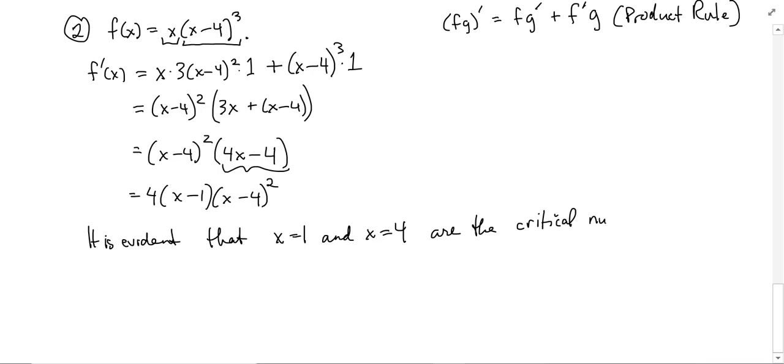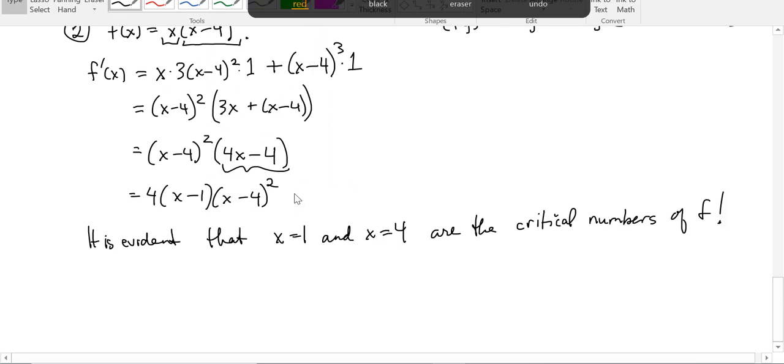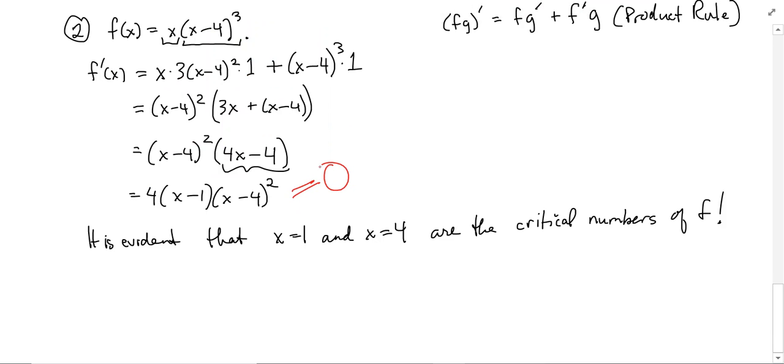Why is that? Well, to find the critical numbers, we set this derivative function equal to 0 and then solve for x. We get x equals 1 and x equals 4.